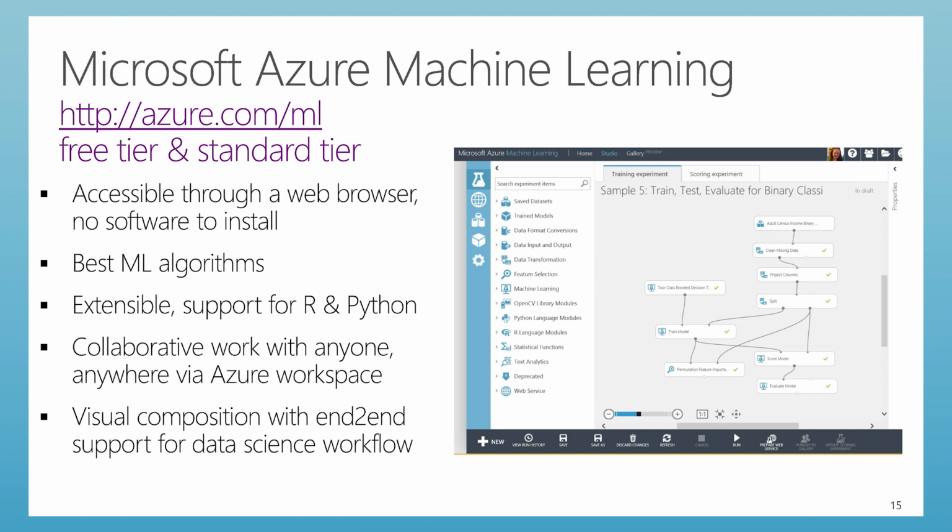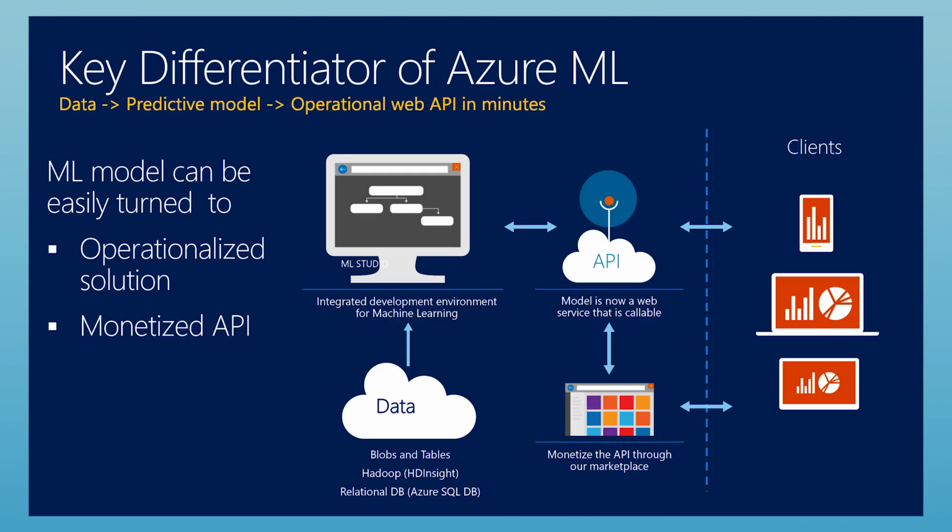And also, I think the key differentiator of Azure ML is that it provides you an opportunity to build an end-to-end solution. So it's very easy for a business to store the data on the cloud, build a data analytics solution, and then integrate it back into their business.